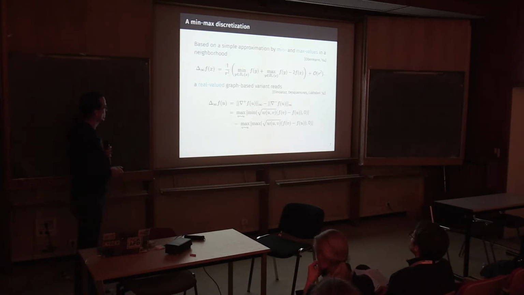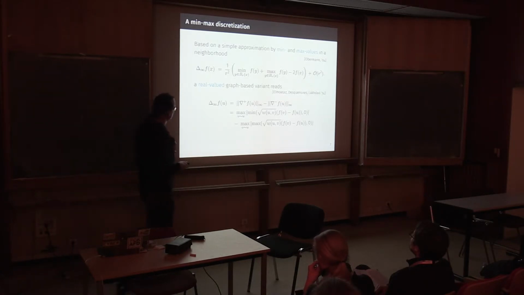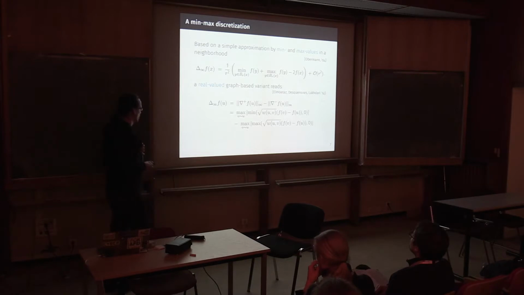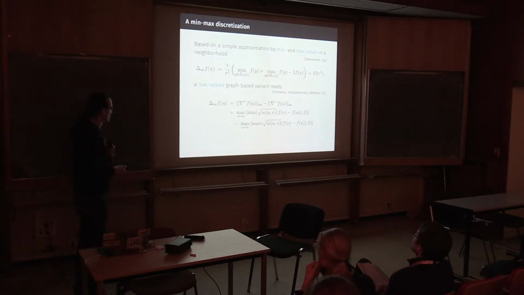And that was used and generalized to graphs by Elmoataz and colleagues, by these strange notations. Those are upwind and downwind gradients. This is easier to read. So here we have the weight of the edge between v and u, and those are the function values of these nodes.